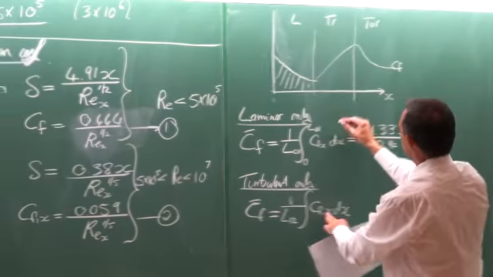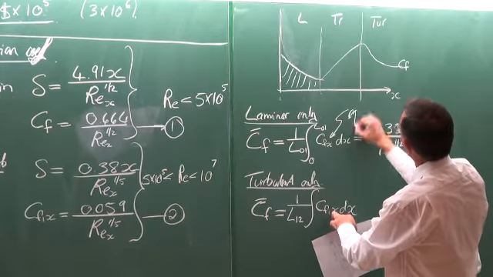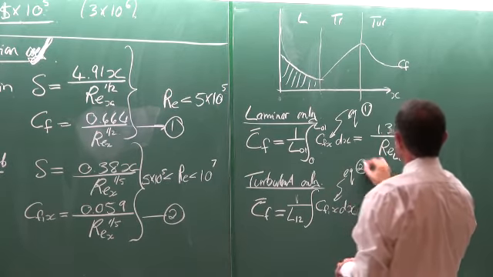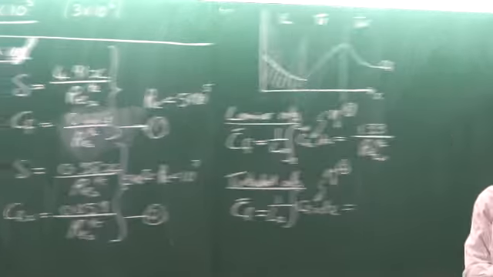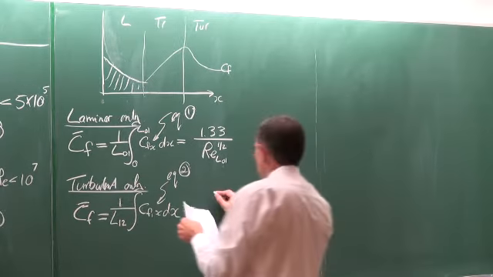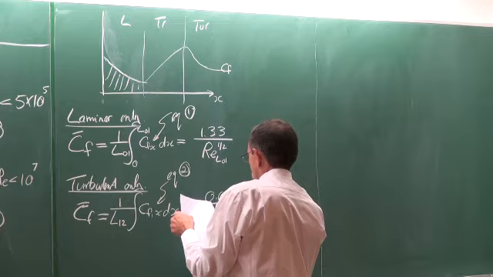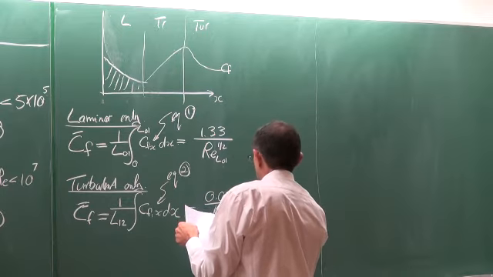Okay. In this case, it was equation 1 that needed to be integrated, and in this case, it is equation 2 that needs to be integrated. Okay. And the result would then be equal to 0.074 divided by the Reynolds L to the 5th.